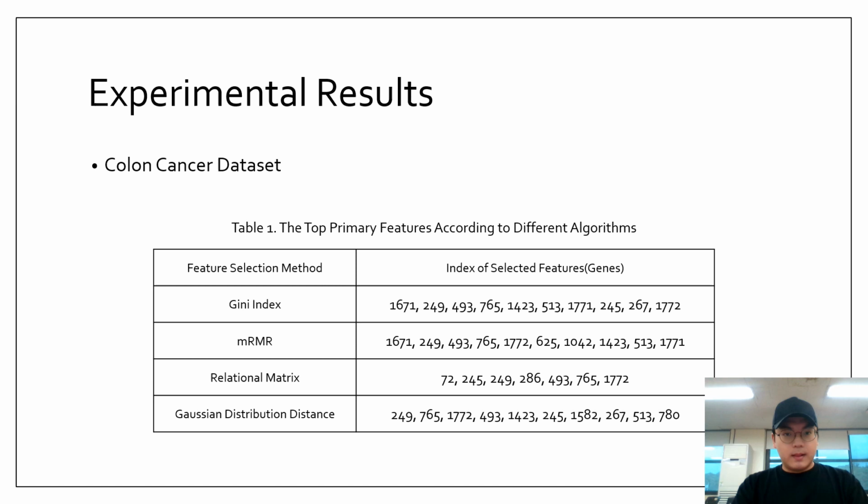Table 1 summarized the features selected based on different algorithms, the list of top 10 features obtained using the Gini index, MRMR, relational matrix, and our proposed method, Gaussian distribution distance.